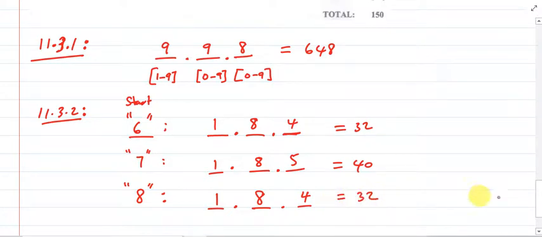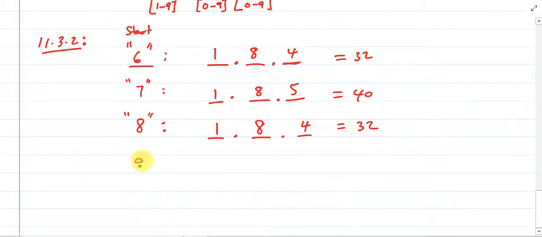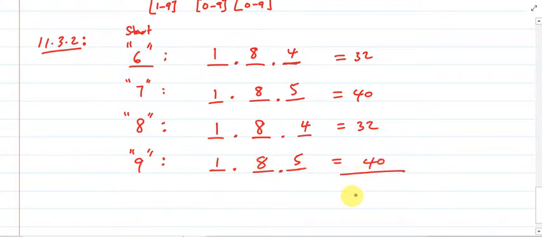So that should give you 32 as well. And then if a number starts with a 9, you have one option here, and you've got 5 options at the end, because you can use 0, 2, 4, 6, 8, and since you have used up 2 numbers, you're left with 8, and 8 times 5 is 40.